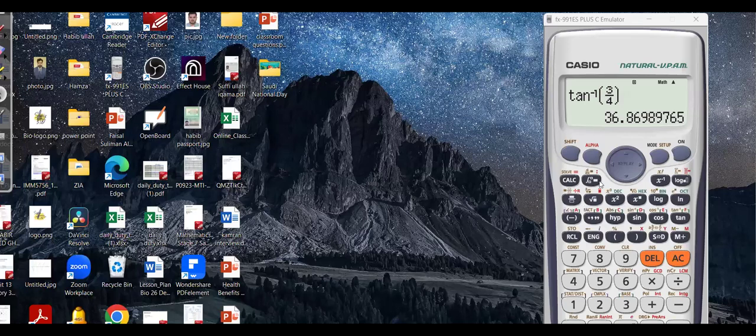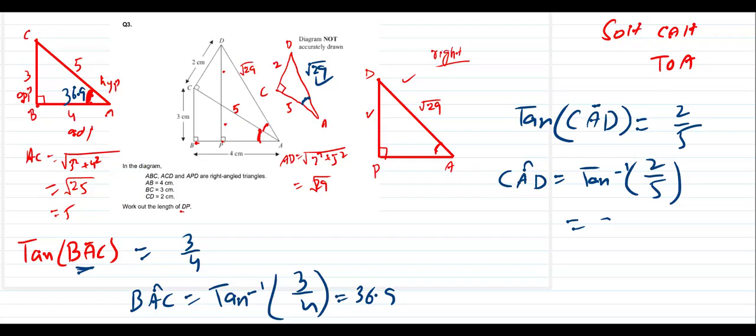Let's take tangent inverse 2 over 5. It is 21.8. It means this angle is 21.8. So what will this total angle be? The total angle will be PAD.